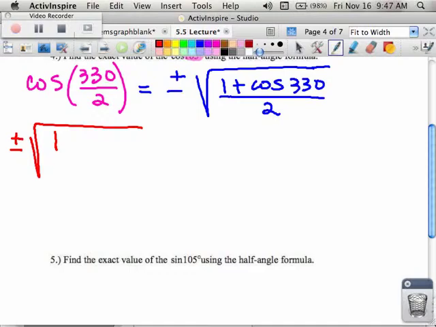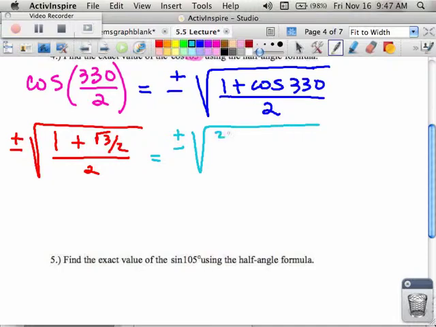And then if I simplify that, I get plus or minus, and again all I'm doing now is spending time simplifying, 2 plus root 3 on the top all over 2, and all of that is over 2, which we know is really the same as 2 over 1. So that when I invert and multiply, my final answer will be plus or minus the square root of 2 plus radical 3 all over 4.